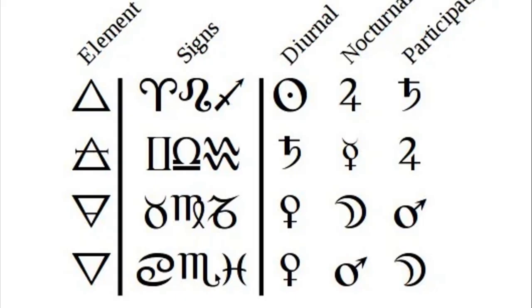Because in early life, it's about the day ruler and it's about initiation, natural tendencies. In midlife, the night ruler, it's about growth, challenges, and refinement. And in later life, the participating ruler, it's about mastery, stability, and integration.